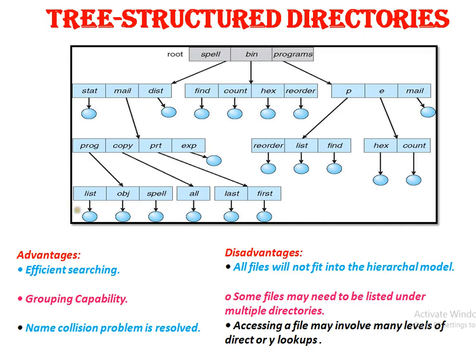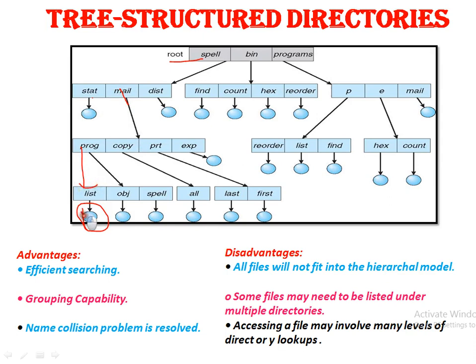Say I want to search this particular file which is present here, abc.txt. I have a unique path, that is root. Under root I go to spell. From spell I come inside stat. I check here, it is not there. Next, mail. After mail I come to program. Under program I come to list.